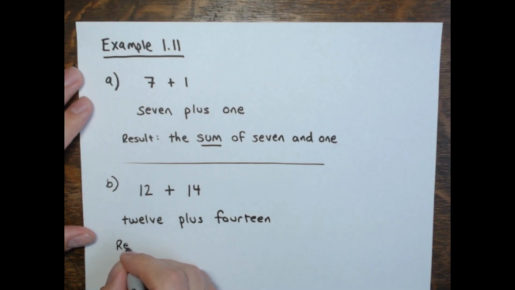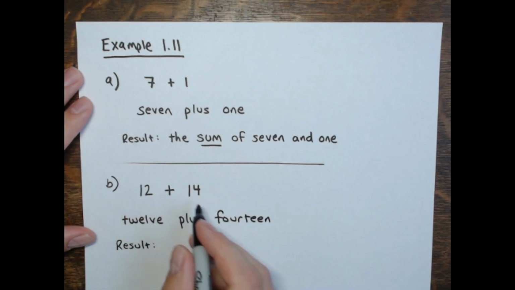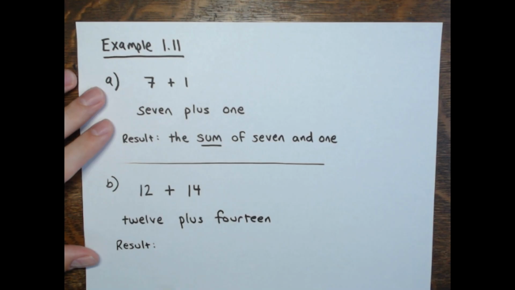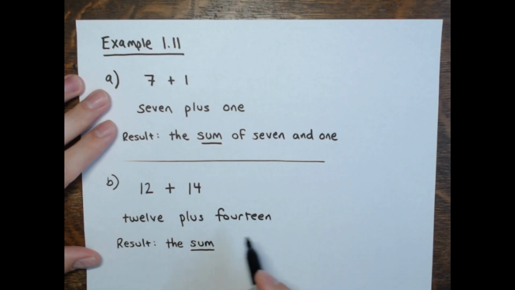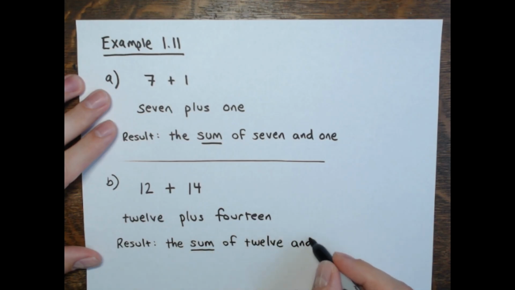And once again, they would say that the result of this operation is the sum of 12 and 14. But they mean the same thing. 12 plus 14 is going to be some value. We'll see it's 26 in a later video. Or we could also say the sum of 12 and 14 is 26. We'll get to actually performing the addition later. And so, the sum of 12 and 14.